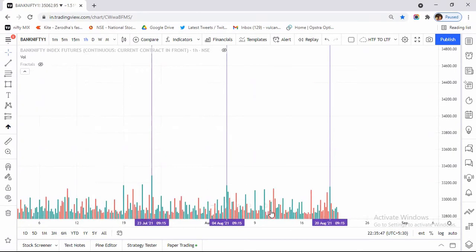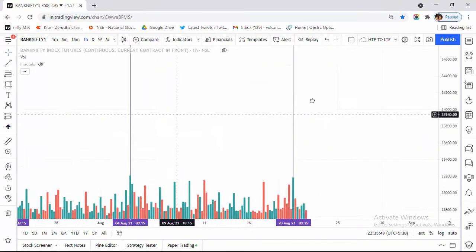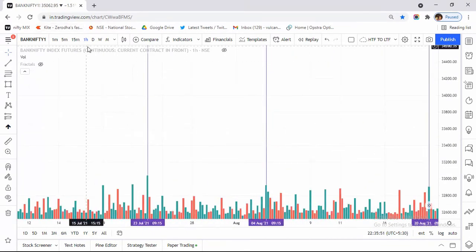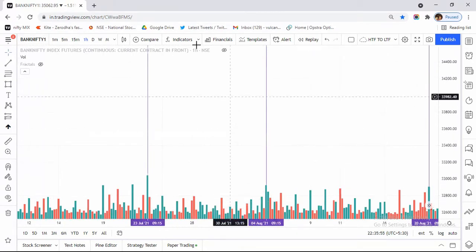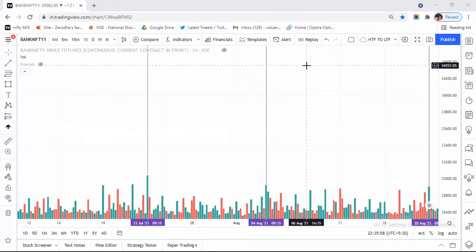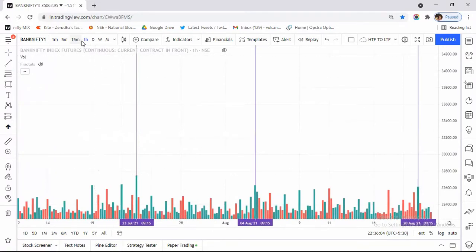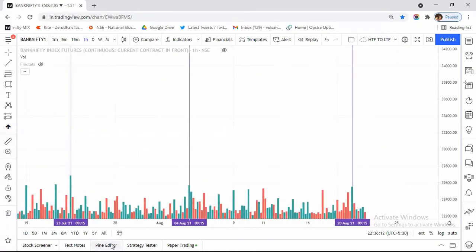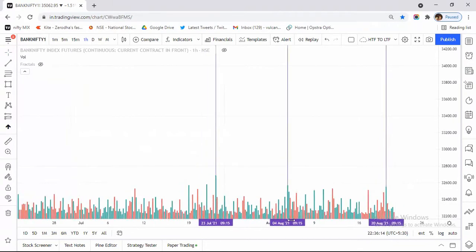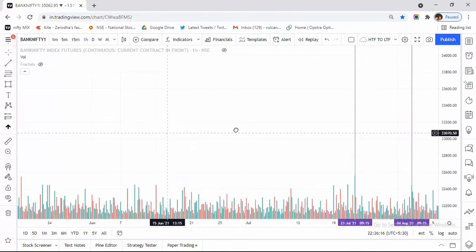This is just starting, don't worry. What I'm saying is, open the 1 hour chart, open volume, and mark the highest volume bars like here. So you can see the highest volume bars.